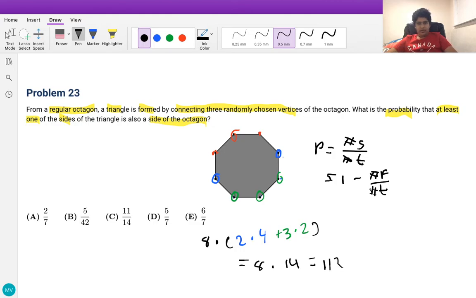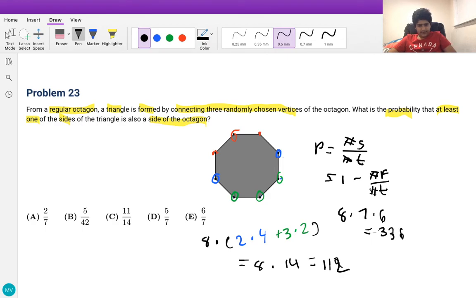And this is when order does matter, so we could use the same technique for the denominator. Okay, so for the denominator, we see that in total there are 8 times 7 times 6, which is going to equal 336.